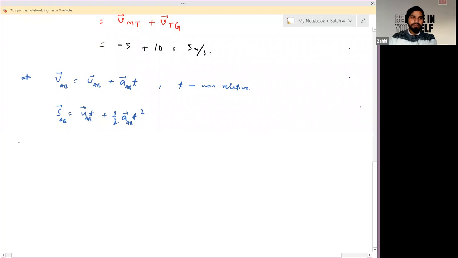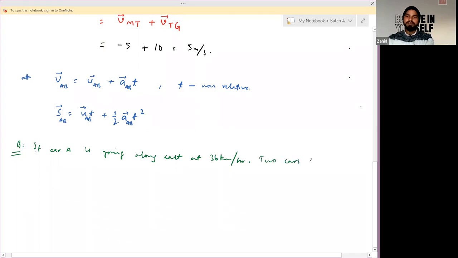Let me give you a question related to this. If car A is going along east at 36 kilometers per hour, two cars B and C moving in opposite direction at 54 kilometers per hour.